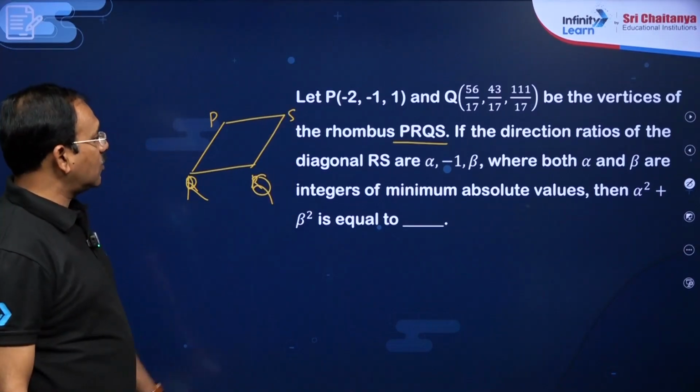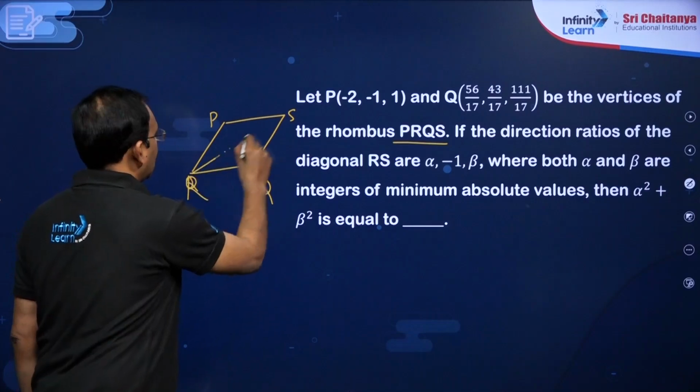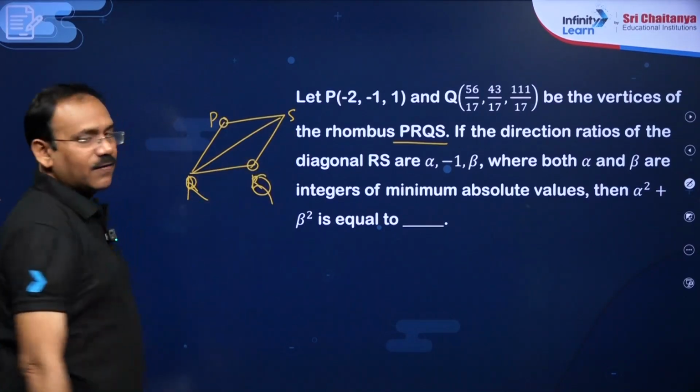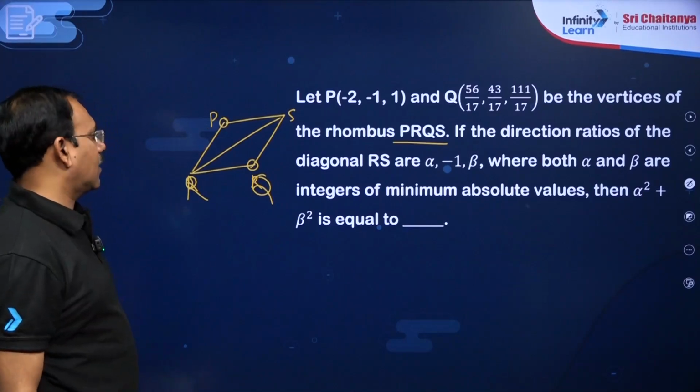The direction ratios of the diagonal RS are given, and he has given the points P and Q. P and Q vertices are given, RS DRs are given.